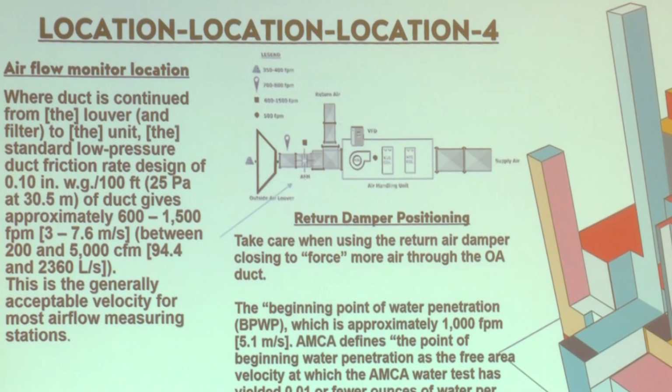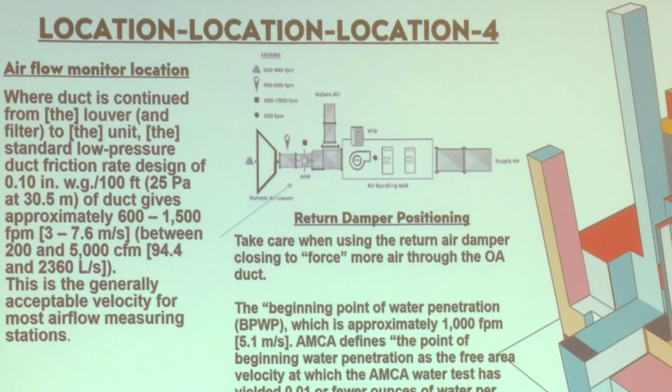So this kind of thing is very important. Very important to make sure. And then you've got to make sure that the airflow monitor and the return air damper positioning are correct as well. Because many people will, the airflow monitor will try to maintain a certain airflow. Let's just call it 500 CFM.